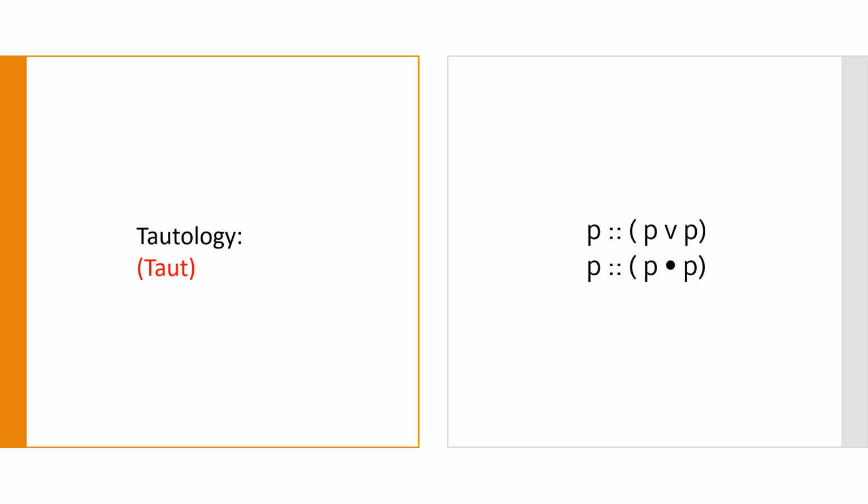It tells us that the term P is logically identical to saying P or P, and the term P is logically identical to saying P and P. One can replace the other. So if I have P, I could replace that with P and P or P or P. And if I had the statement P or P is true, I can simply drop all of that and just say P must be true.